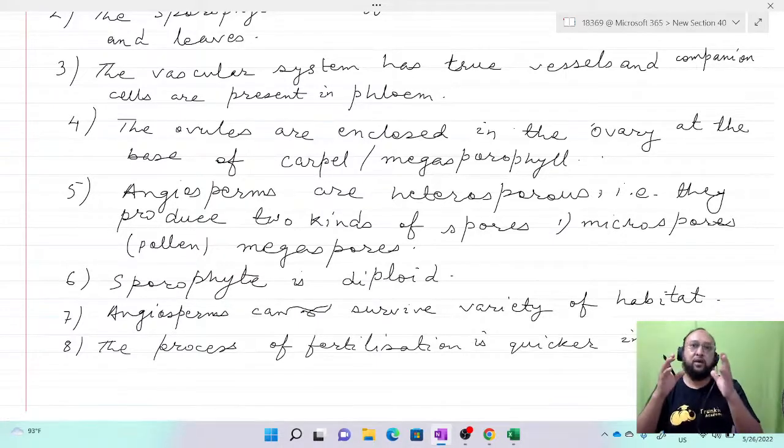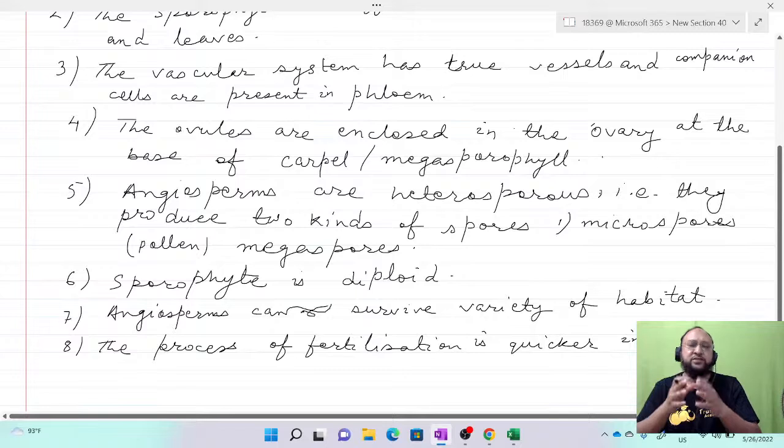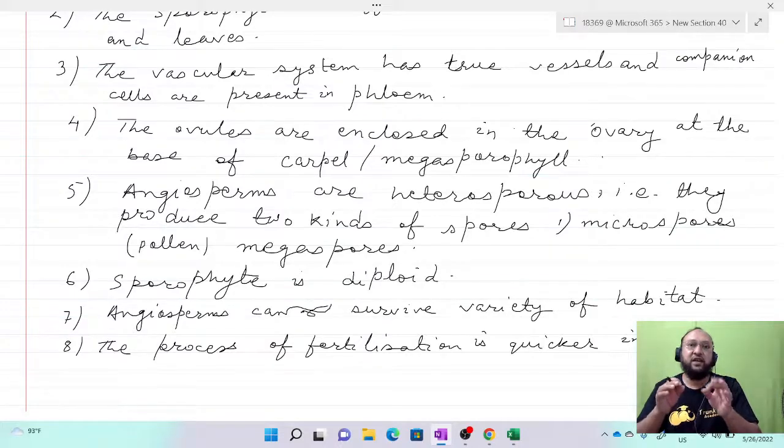So when we compare with the gymnosperm or other group of primitive or lower group of plants, we find that angiospermic plants have all the advanced features. So that means angiosperm plants are the most advanced group of plants in the plant kingdom.